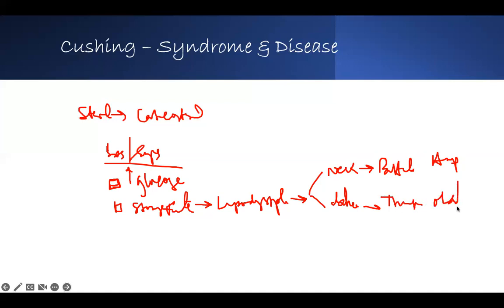You see, that's why they have these features. So truncal obesity. The next one is on their face. The fat gets deposited on their face. So you have the moon face. So there's a reason why they have those features. They have moon face because that's where the fat gets deposited. Truncal obesity because they go into the abdomen because it's the steroid that is directing them to go to that place.